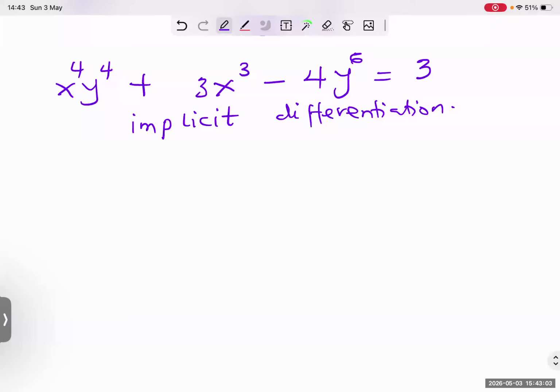The only thing that is different here is that after differentiating every single variable, attach that you've differentiated this variable with respect to that variable. So first, we need to define with respect to what variable we are differentiating. We are differentiating everything with respect to x.